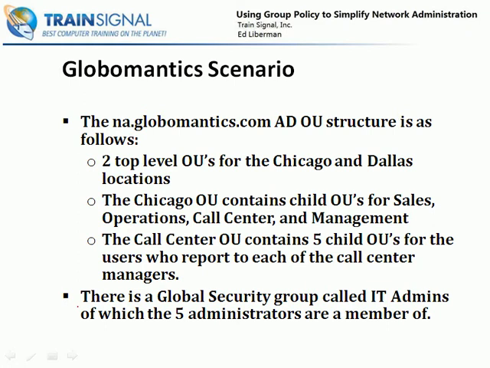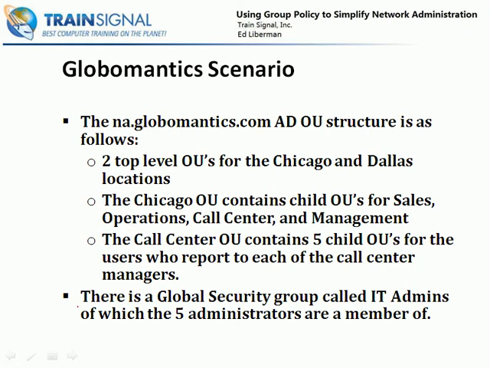The Chicago OU then contains child OUs for the sales department, operations department, call center department, and management. I don't know if that's really a department, but management. The call center OU then has 5 child OUs within it for users who report to each of the 5 call center managers.